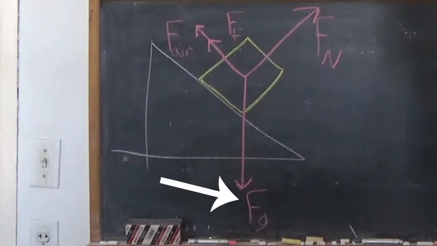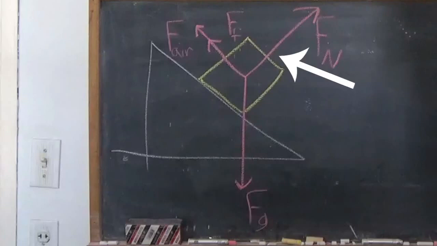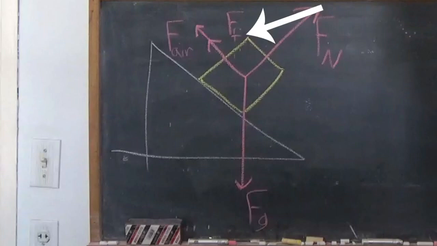So if we look at a system where you have a box on a ramp, there's going to be a few different forces that we need to be looking at specifically. One, there's the force of gravity. Two, there's the force perpendicular to the plane of the ramp that the box is on. That is called the normal force. There's also the friction force from the box sliding down the ramp.